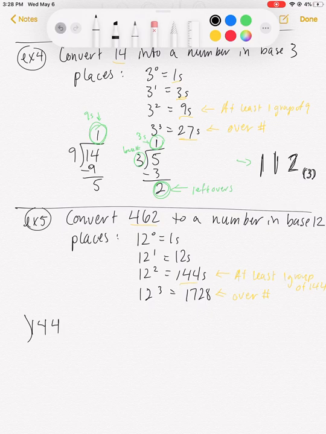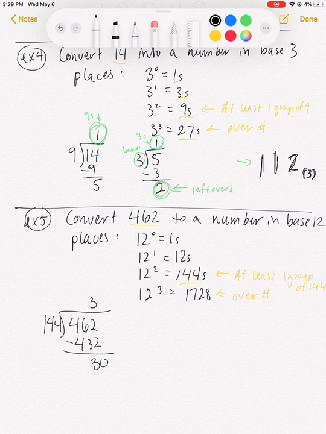So I'm going to take my number 462 and divide it by 144 to see how many groups of 144 are in there. Doing some estimation, we'll do 3 of them, and we get 432. Now when we do subtraction, we get a difference of 30. That was the 144's place.